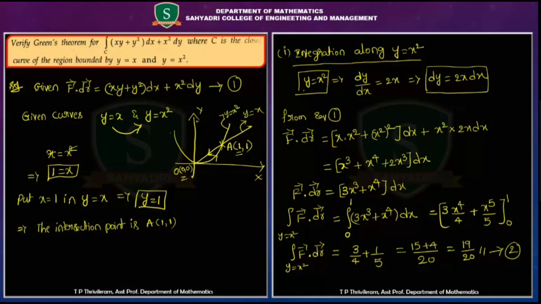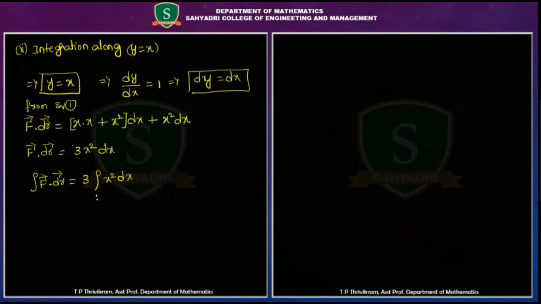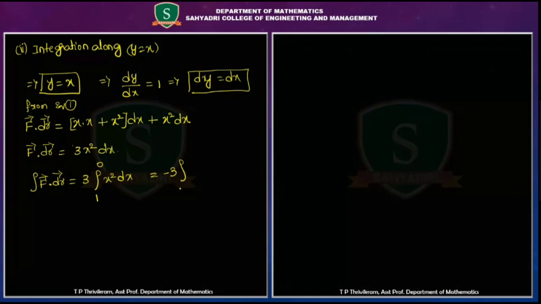So limits vary from 1 to 0. So if we want to change the limits, take minus before the integral so that the limits get reversed, 0 to 1 x square dx.